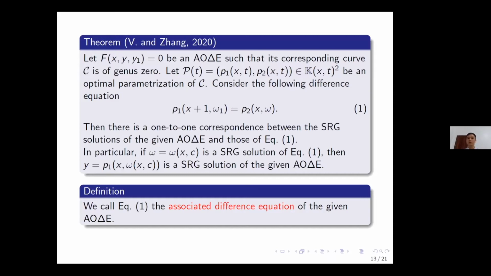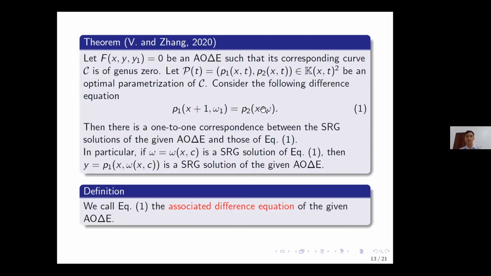And we consider a new differential equation, established by using the optimal parameterization. P1(x, t) now becomes P1(x+1, omega1), and P2(x, t) becomes P2(x, omega), where omega is a new unknown function, and omega1 is the shift operator applied to omega.